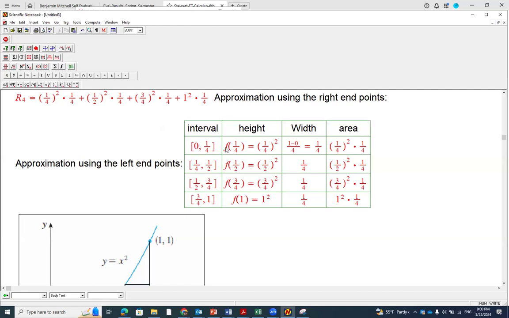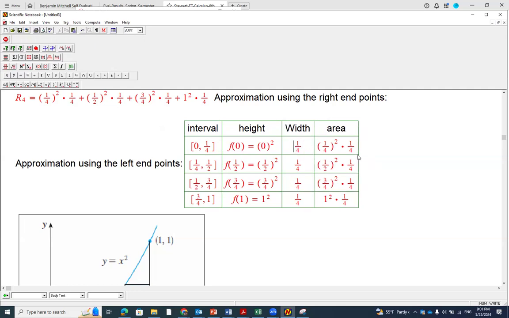If we use the left endpoint, the first is going to be 0. It's 0 squared, and the width, of course, is still a quarter.